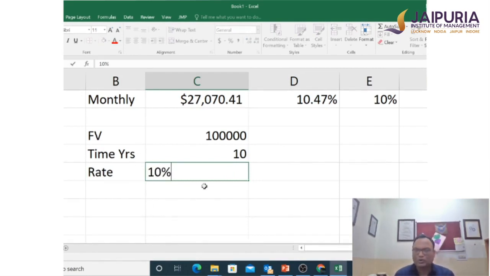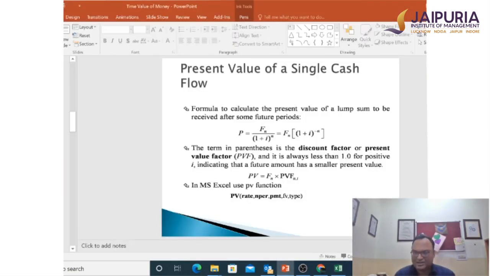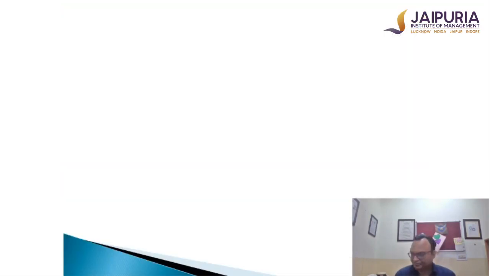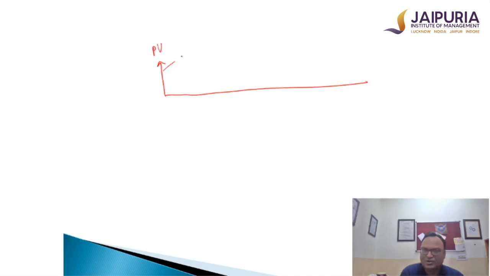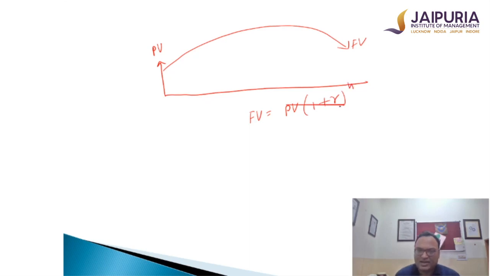Now I want to know the present value. That means how much money should I invest today? Let me explain in the diagram itself. In future value, I was given the present value and I was computing the future value, given by FV = PV (1 + r)^n.